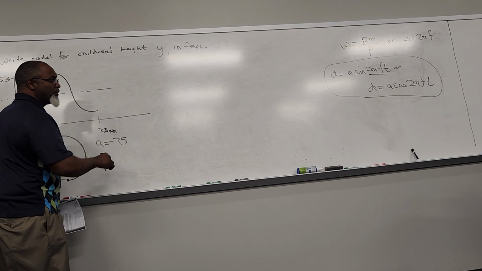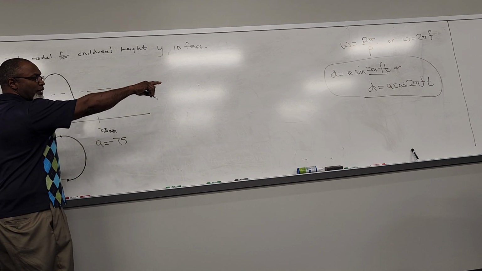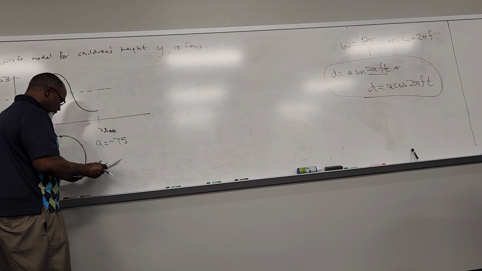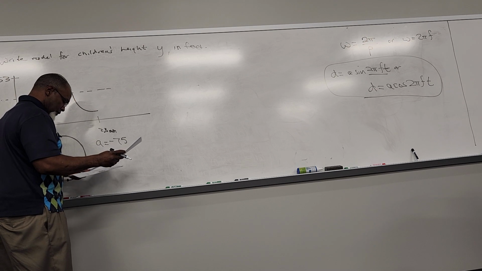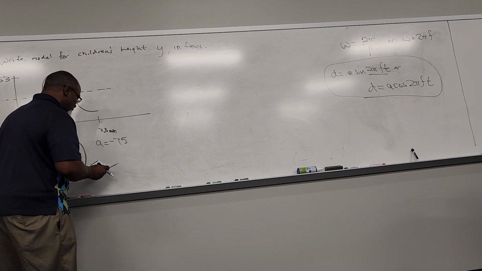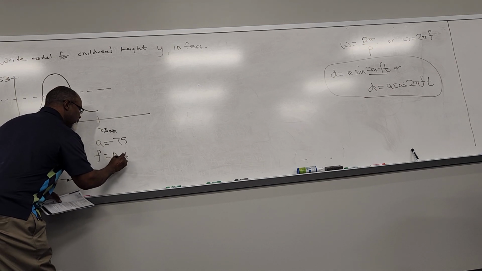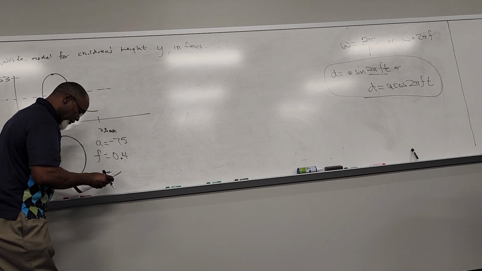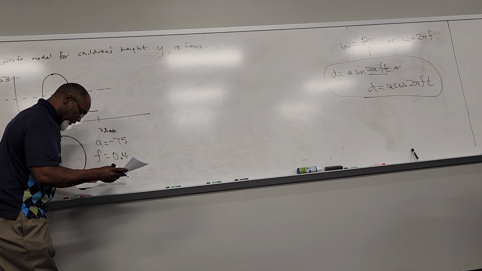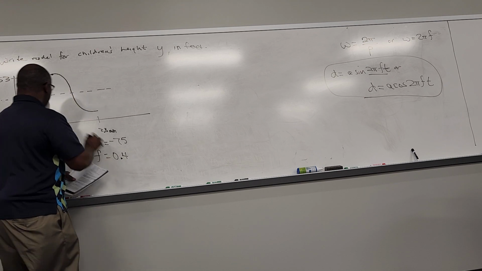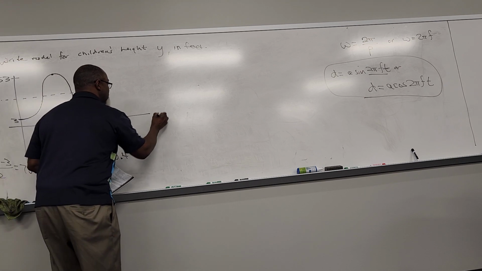We knew the omega, the F hasn't changed. F is still 0.4 RPMs, okay? And we can clearly see that's a cosine function.